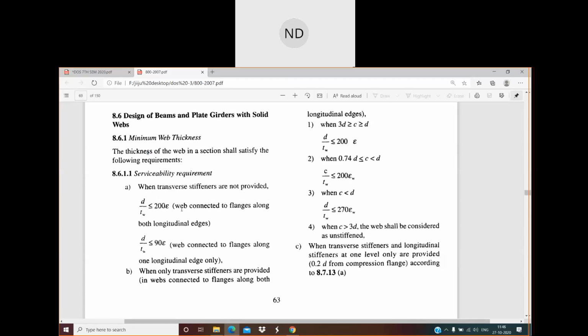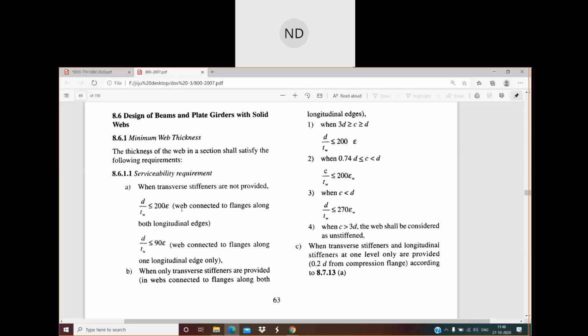When we were finding the overall depth, we had to find D by TW, and we had assumed it since we have not used any stiffeners.